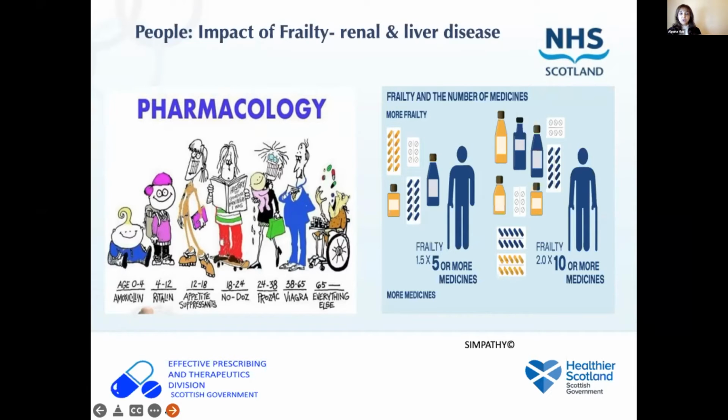And as you get older and maybe frailer, if you have lots of long-term conditions, frailty may be an issue, as might impairment of the liver and the kidneys, which means that you less effectively metabolize the medications and are therefore more prone to the side effects, leading to medication-related harm.